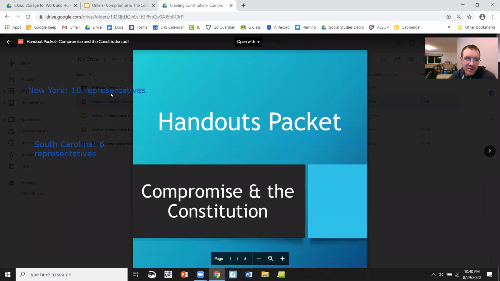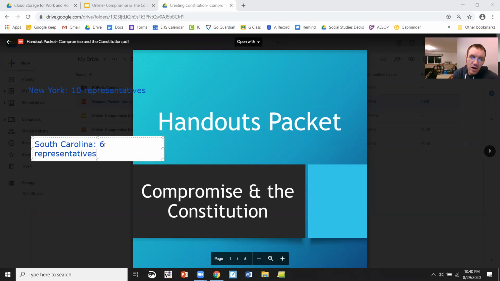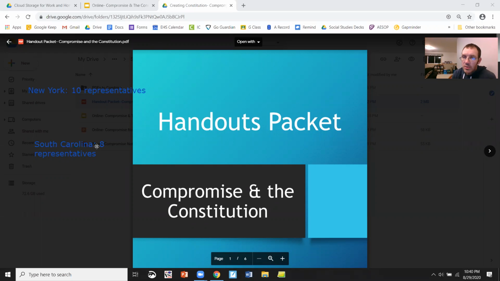Good. All right. Well, what happens is if we now count slaves, whose number of representatives is going to go up? Well, obviously the South. The South has more slaves. So what you find is South Carolina, because they have a ton of slaves, maybe they have 8 representatives. Well, that's great for South Carolina. Now they have more power in the House of Representatives, and that's what they want.